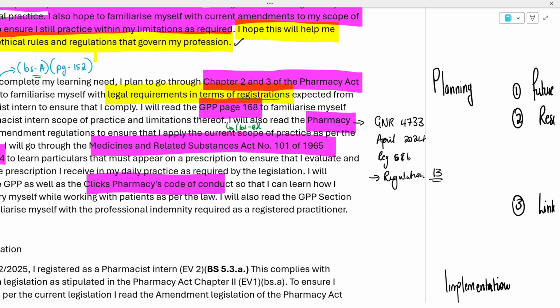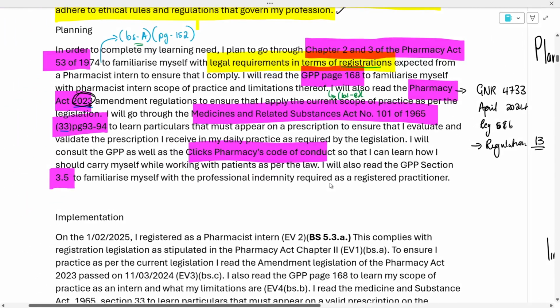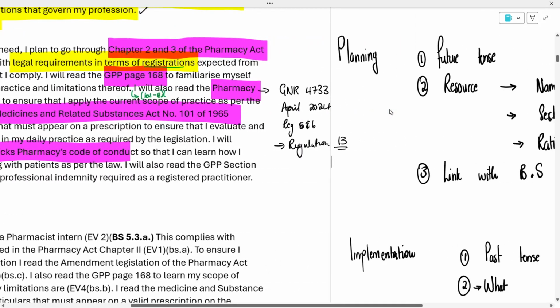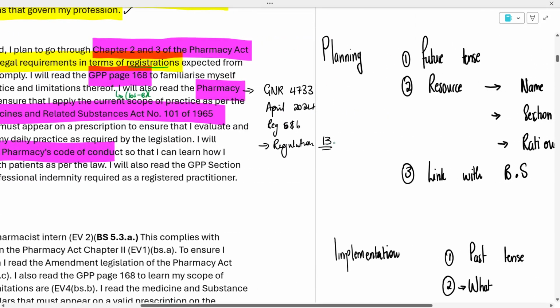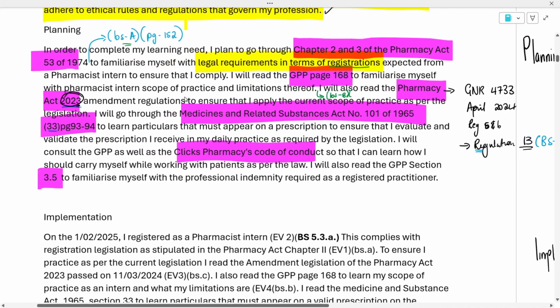So including this regulation and stating how you use it would be of most importance to apply behavioral statement C. So here you would state that this is behavioral statement B, and then if you include regulation 13, you would say that this is behavioral statement C. How you would apply regulation 13 is by dispensing. You can say that I dispensed the medication since my scope of practice is similar to that of a pharmacist technician, so I applied the latest regulations in terms of dispensing medication.